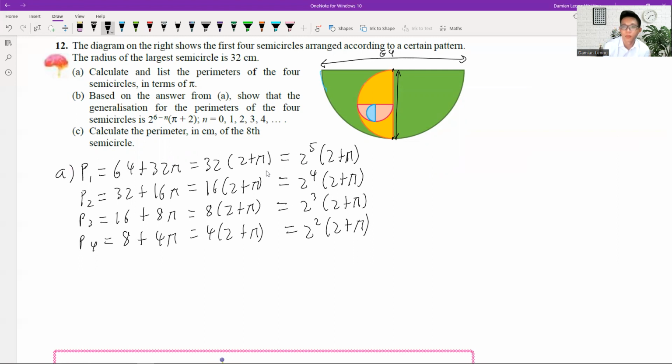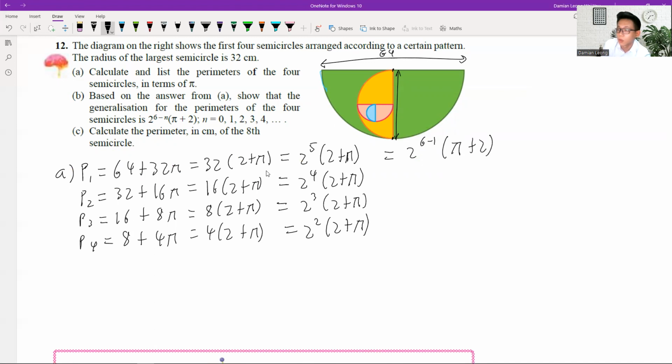So you can see here, 5, 4, 3, 2. Which is basically the same as 2 to the power 6 minus 1.